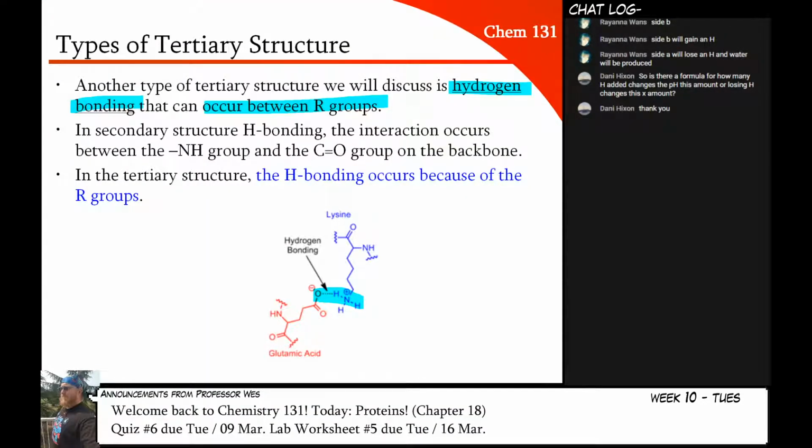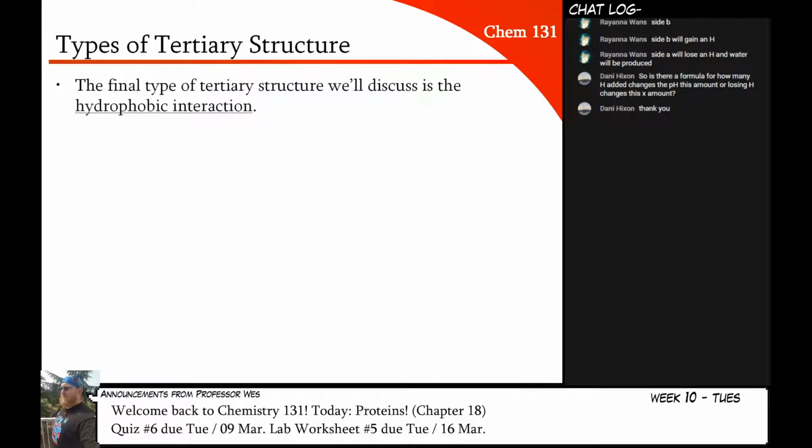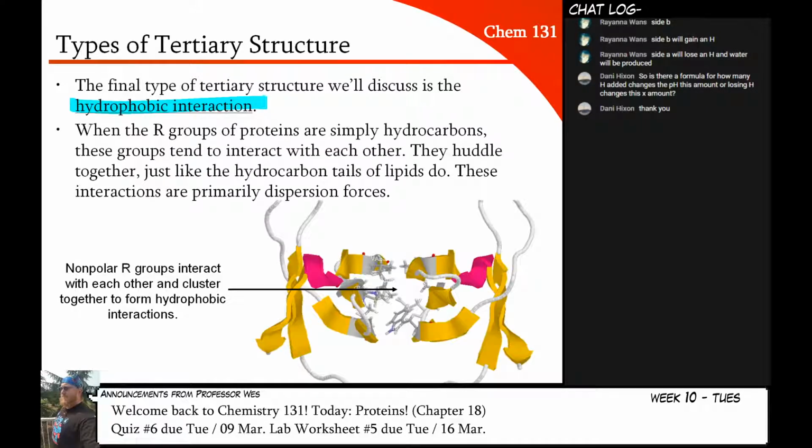And then finally, we have hydrophobic interactions, which is basically, oh, I have a bunch of chains that have nothing polar on them at all. And this is a really poor picture, unfortunately. But in this structure, I have nothing here that is polar at all. It's all nonpolar.